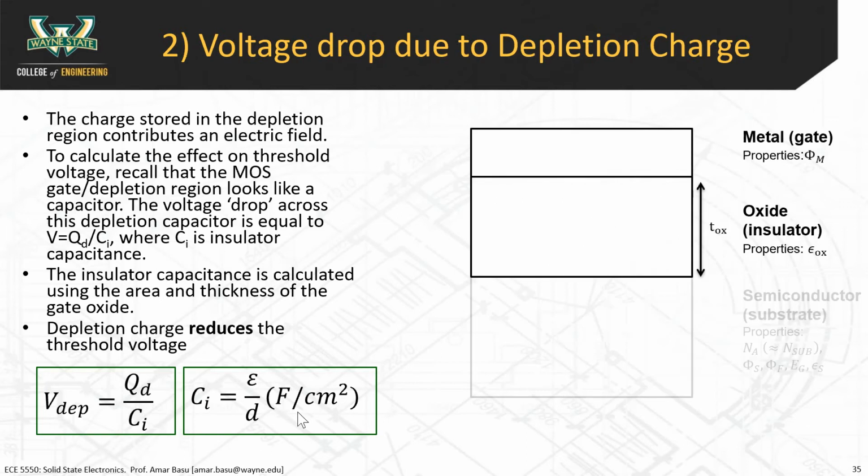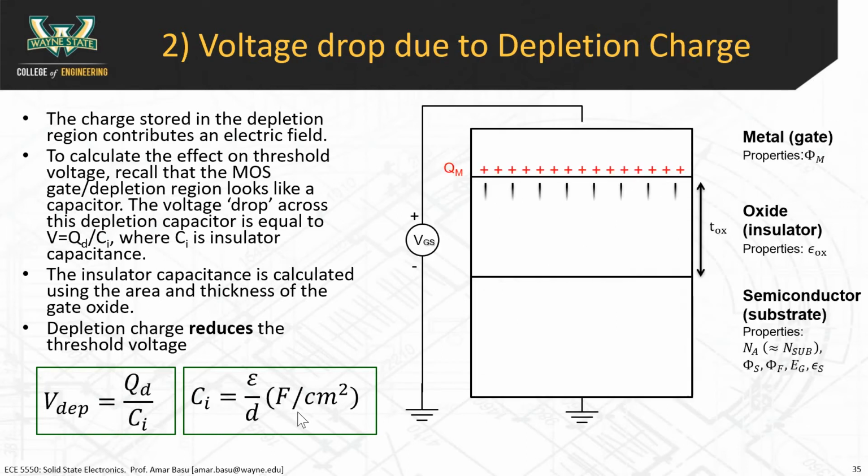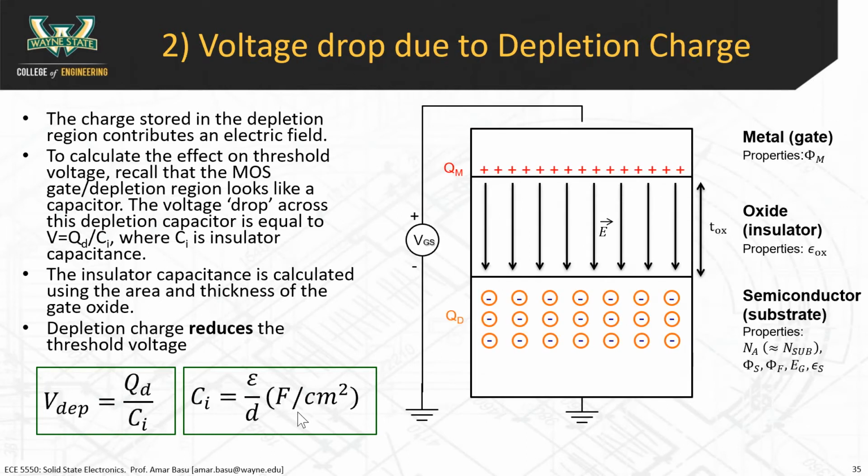The second part, maybe it's fine to review, since we've had like a week since the last class. The second factor was a voltage drop due to the depletion charge, and the simple way to explain this was that you have a capacitor here.